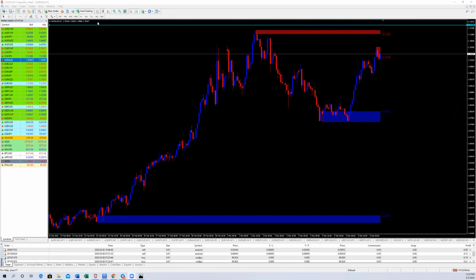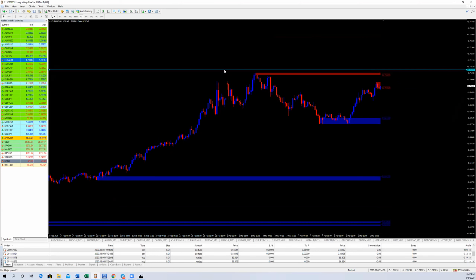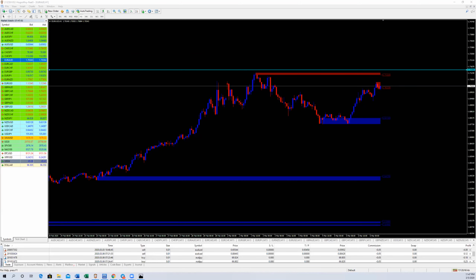Make sure I'm on the 1 hour chart. Yes, I'm on the 1 hour chart. We have our line set up. So we are waiting for price to reach this line in a buy. We want a candle to literally cross that line. Once it crosses that line, we want that candle to close above it.